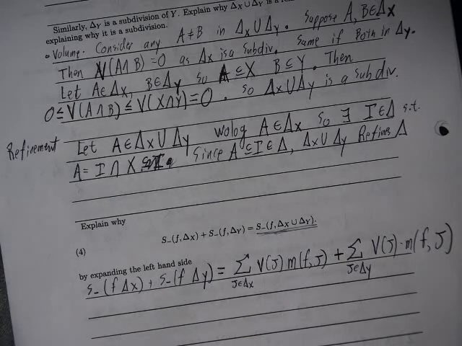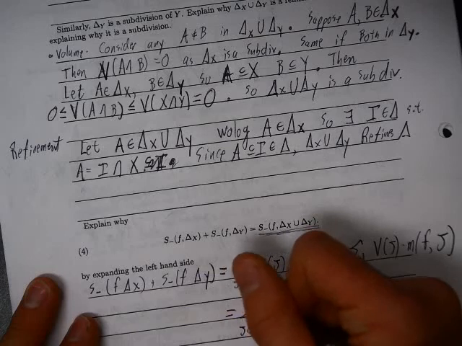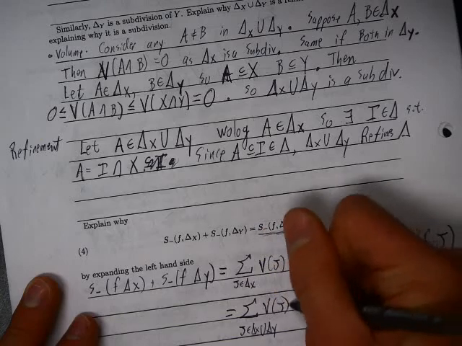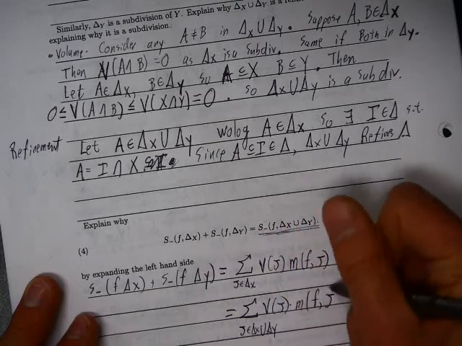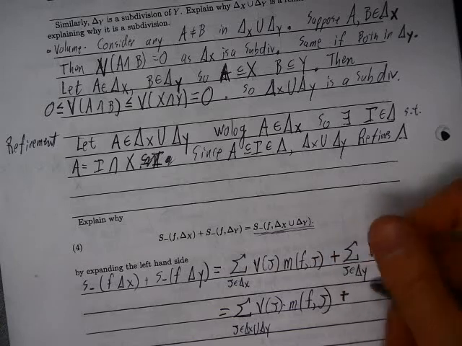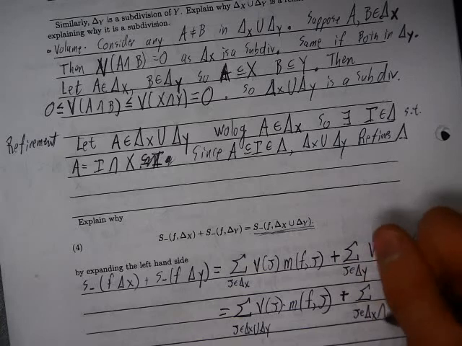Oh wait, but did I just count up all of the j's in delta x and all of the j's in delta y? So that's the same as the sum over all j's in delta x union delta y, volume of j times m of f comma j, except I've double counted some of them, right? I've double counted the ones in the intersection. And I'll write that, but you already know why that's fine. Oh, that should be minus.